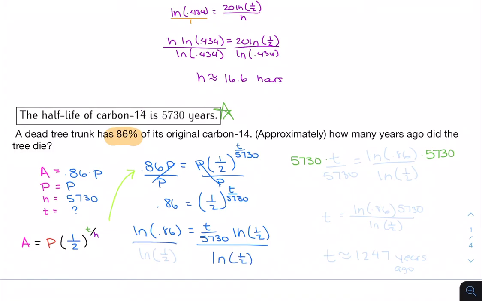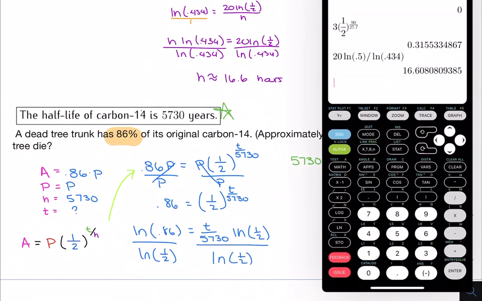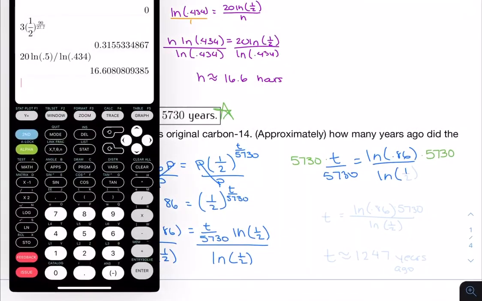And there are many different ways of doing this, but this is one way of solving for t. So you can divide that out and get that t over 5,730 is equal to ln of 0.86 over the ln of 1/2.